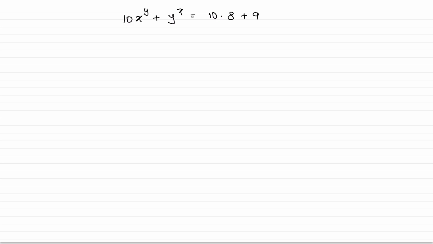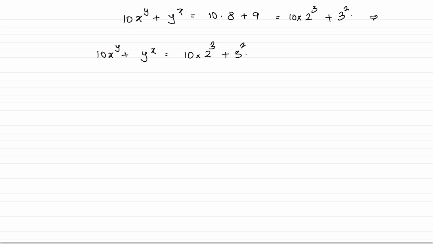10 into 8. 8 how we can write? 10 into 2 to the power of 3. How we can write 9? 9 we can write it as 3 to the power of 2. That means 10 into x to the power of y plus y to the power of x is equal to 10 into 2 to the power of 3 plus 3 to the power of 2.